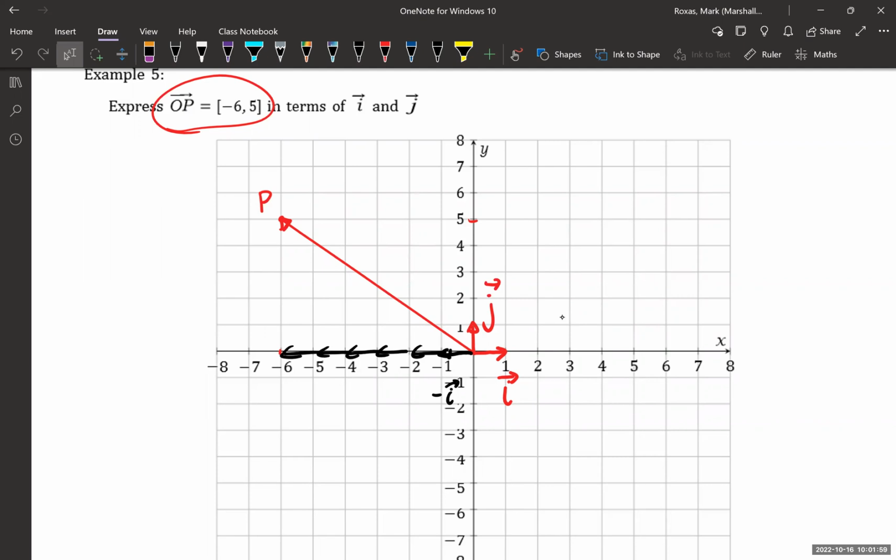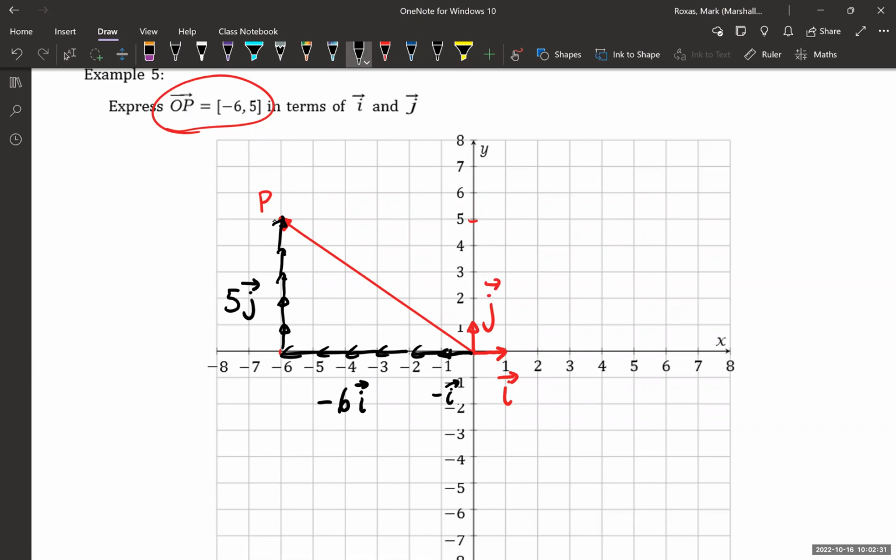Then if I took vector j and added it on 1, 2, 3, 4, 5 times, I would have the vectors I need to get the vector O to P. So O to P is composed of 6 vector i's going to the left, or -6i, and 5 of vector j, so 5j.